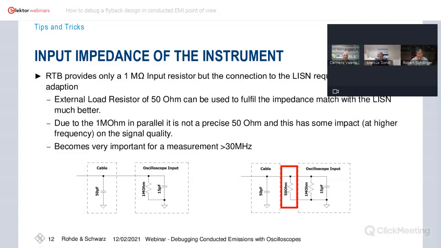What we can do to make it better is add an additional external 50 ohm resistor to have better impedance matching. That matters, of course, only at higher frequencies. When we are talking about higher than 30 megahertz, it would be better to use this 50 ohm to have no reflections, or even if your scope provides an internal 50 ohm, then of course use that one.